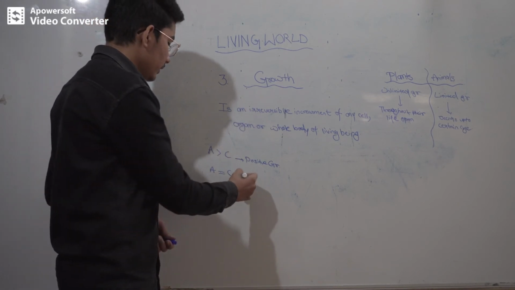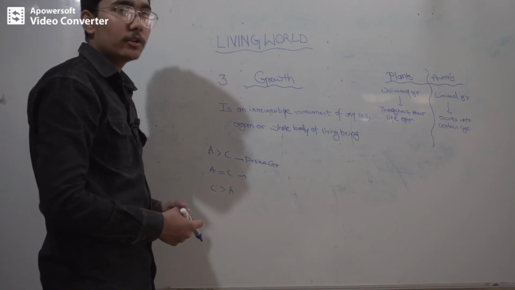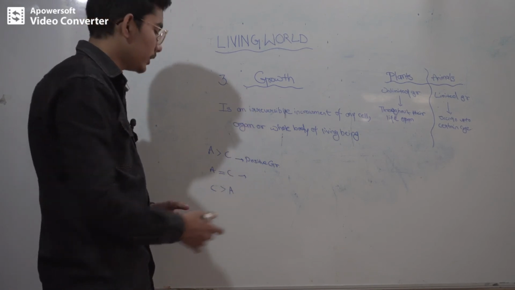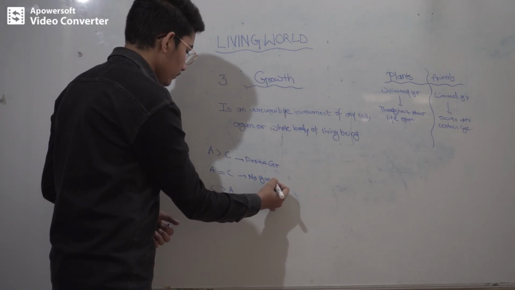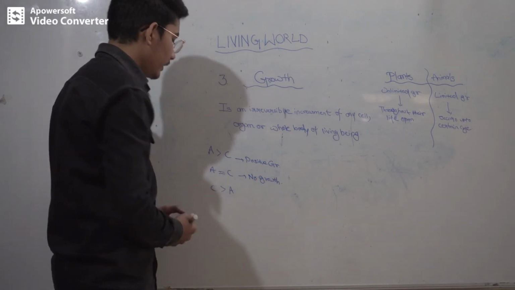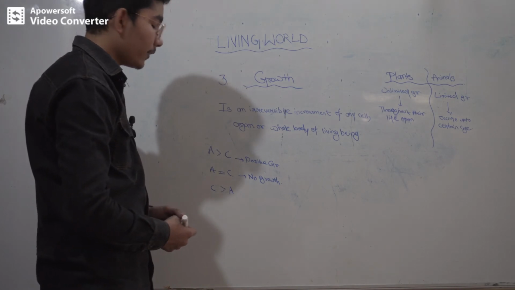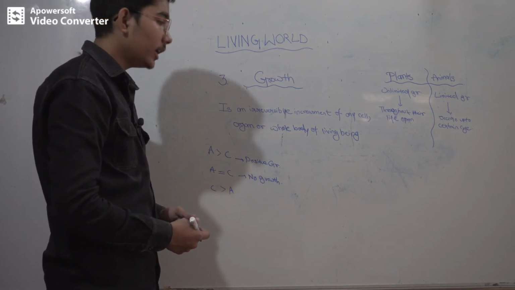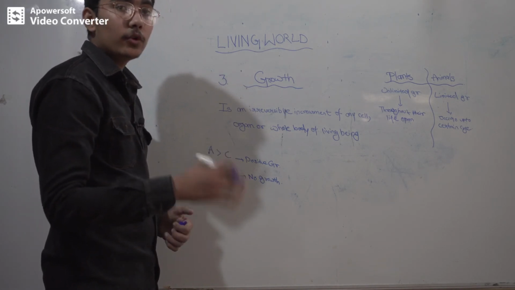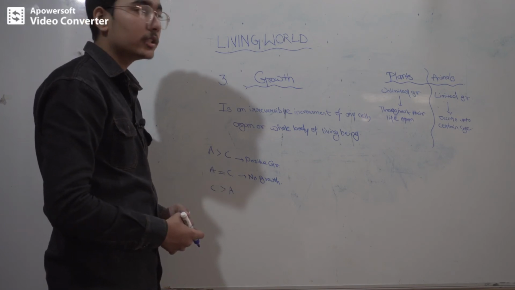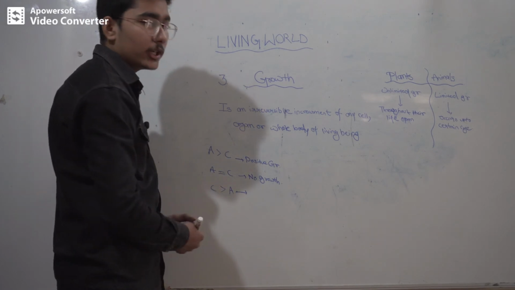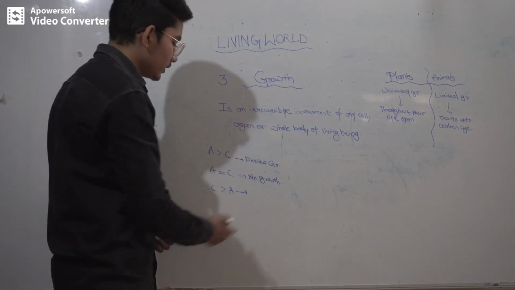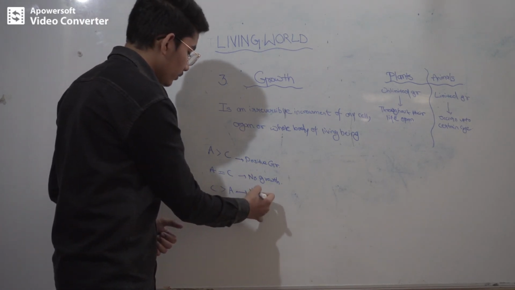In the case where synthesizing and breakdown are both equal, then there is no growth. And in the third case, if catabolism, the breakdown, is occurring more than anabolism, the synthesizing reaction, then the growth shown by the living organism is negative growth.